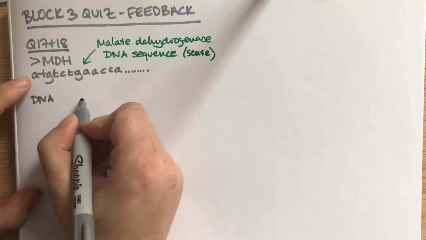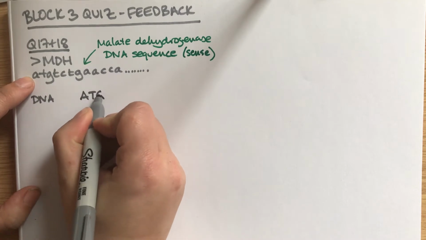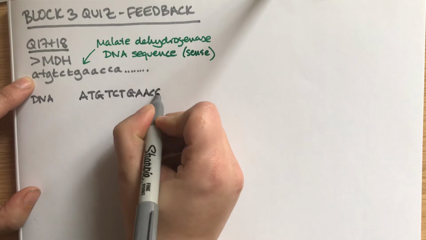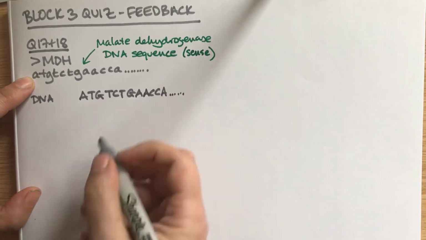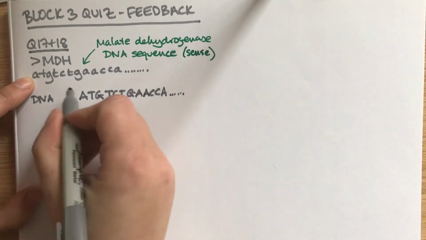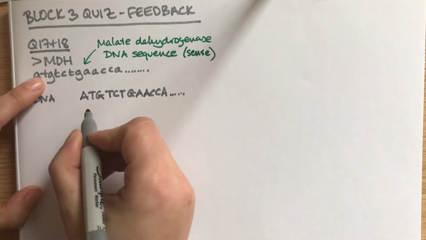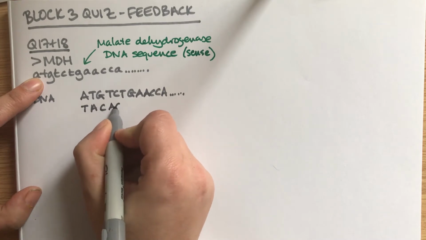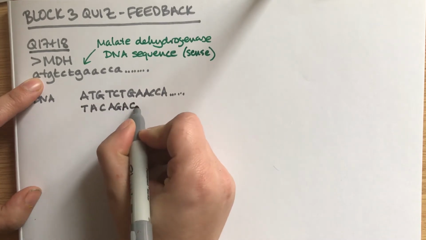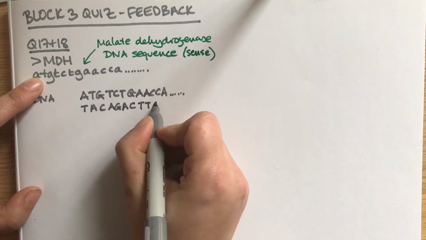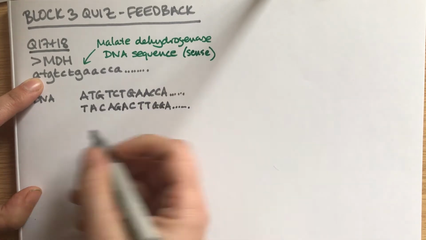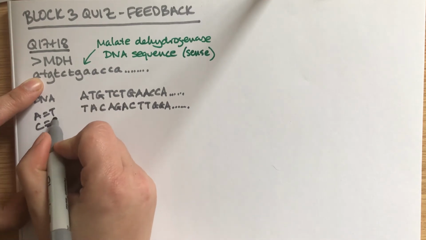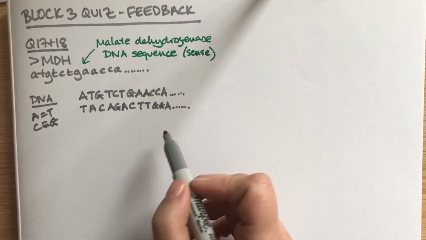We've given you the sequence A, T, G, T, C, T, G, A, C, C, A. DNA is a double-stranded molecule, so the other strand would be T, A, C, A, G, A, C, T, T, G, G, T. Remembering that A pairs with T with 2 hydrogen bonds and C pairs with G. So that's how we get those sequences.